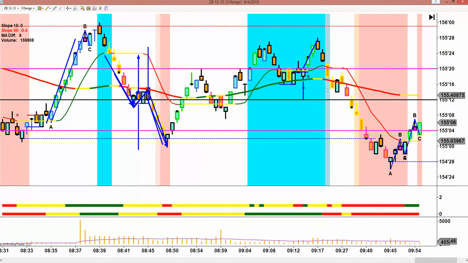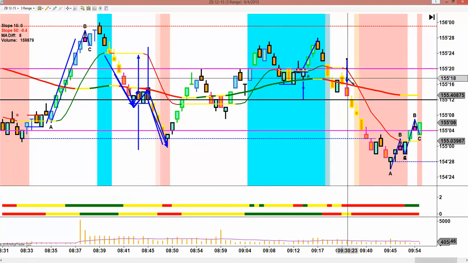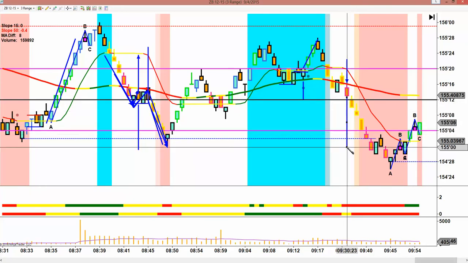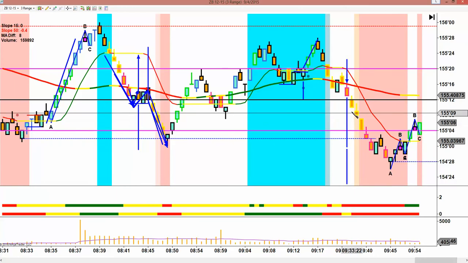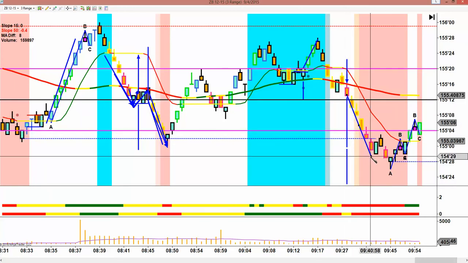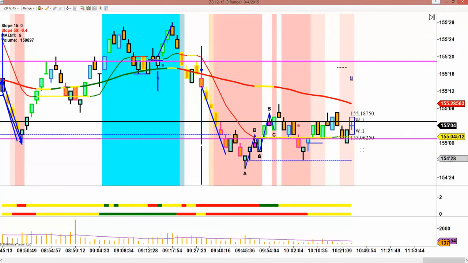Here was a break of the 50 that you could have traded. Right here. 50 down, 50's down, 15's down. Right here. We were in another trade in another market, and this would have been a $650 trade. And then chop.